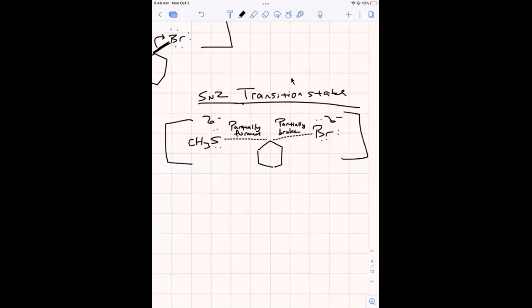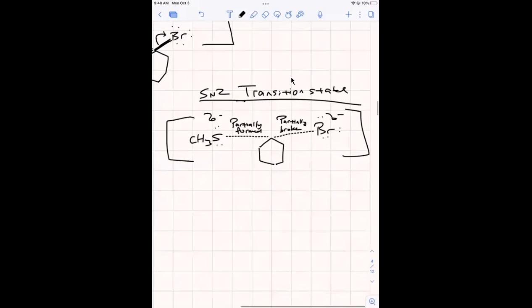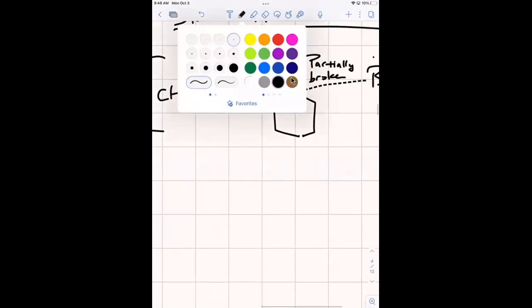All of your SN2 reactions have a similar transition state. You've got an incoming nucleophile and an exiting leaving group, and everything is happening at the same time. Partially formed bond with the nucleophile, partially broken bond with your leaving group.